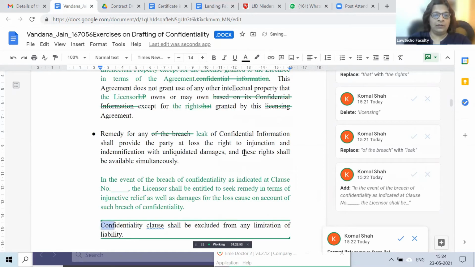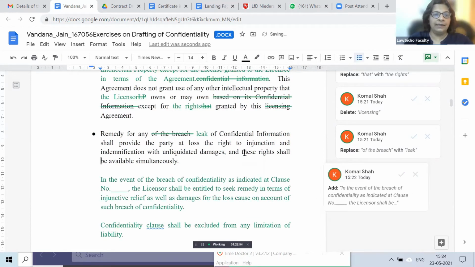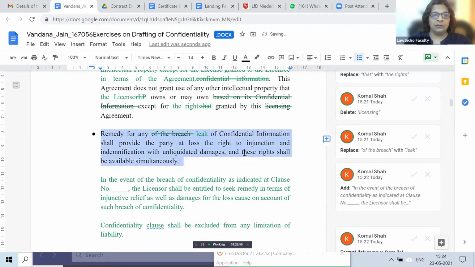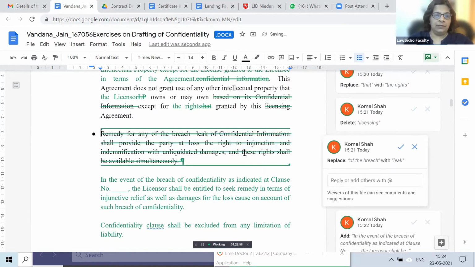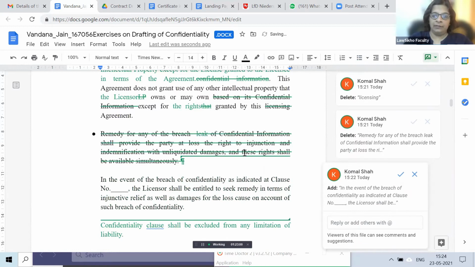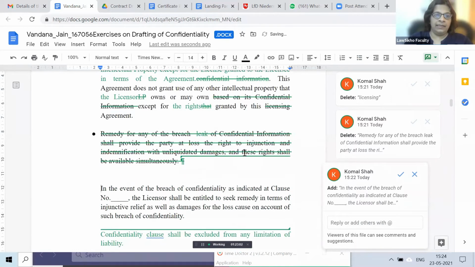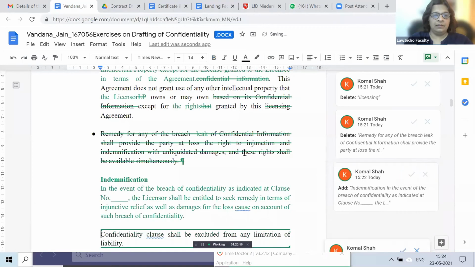And then this will be in indemnification. This will be a different clause and it will be under the heading of indemnification. Okay. And then this, you can either put in indemnification or you can put in under the confidential information clause.